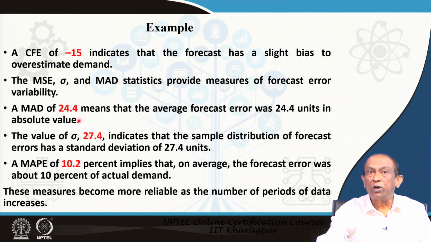MAD of 24.4 means that the average forecast error was 24.4 units in absolute value. Similarly, the standard deviation of the distribution of errors has been computed to be 27.4, and the MAPE value is 10.2%, which implies that on an average the forecast error was about 10% of the actual demand.